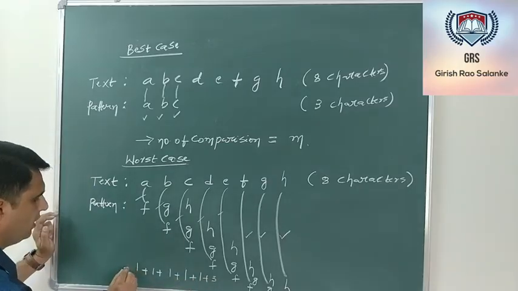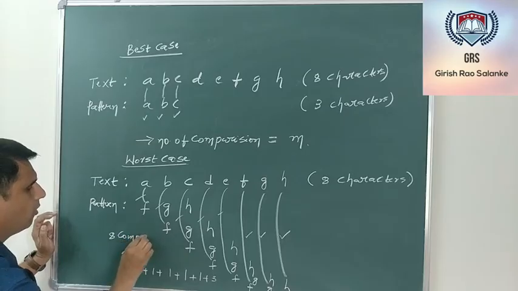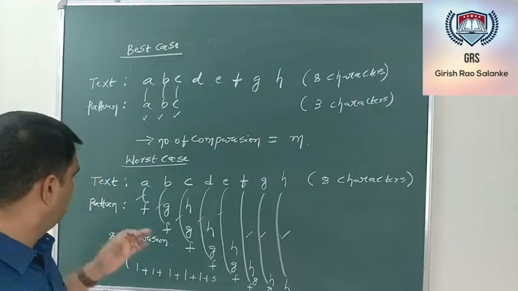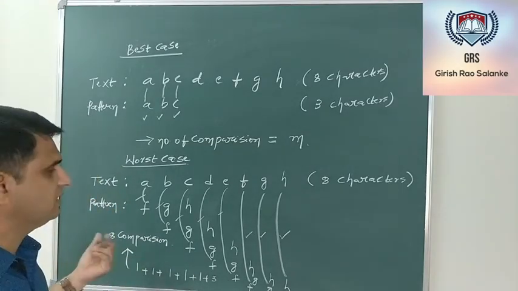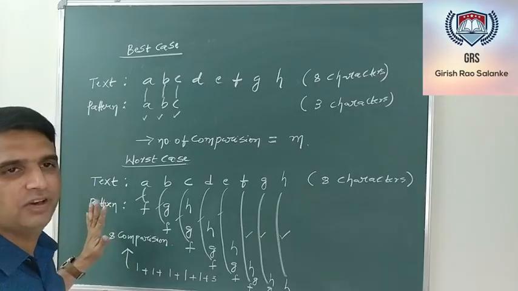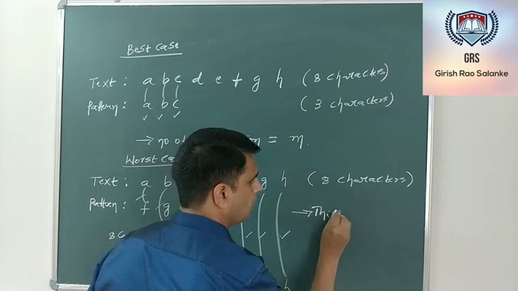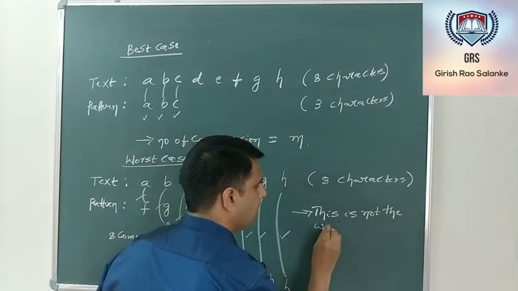So note that in this example I have done 8 comparisons. That means when my pattern is there at the end of the text, I have done just 8 comparisons. But this is not the worst case. Please note that this is not the worst case scenario.